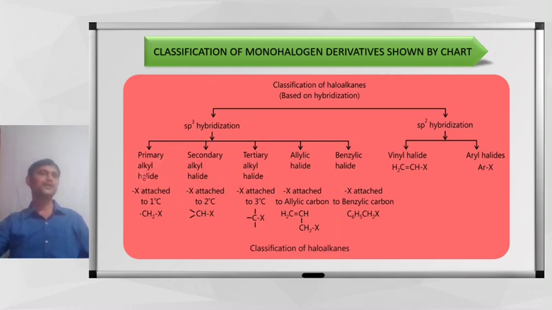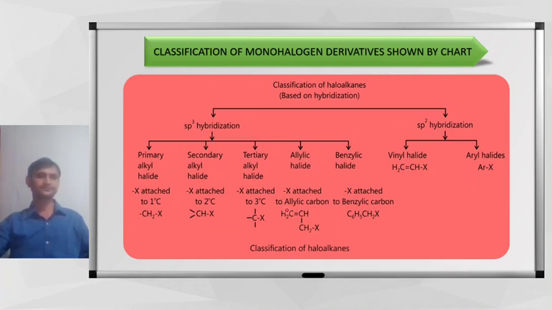In a primary alkyl halide, the X atom is attached to the primary carbon. In a secondary alkyl halide, the halogen atom is attached to the secondary carbon. In a tertiary alkyl halide, the halogen atom is attached to the tertiary carbon. In an allylic halide, the halogen atom is attached to the allylic carbon.